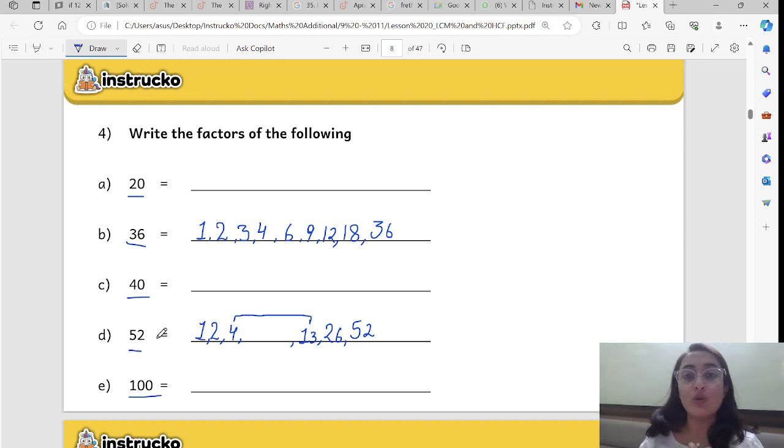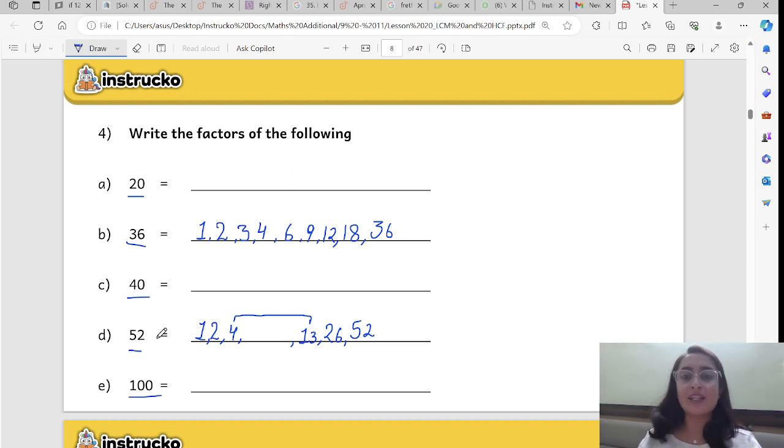All of you know the table of 6. Now look for a number in 6's table which is close to 52. So I can say that 6 times 8 is 48 and 6 times 9 is 54. So clearly it is established that 52 is not coming in 6's table, so basically I can say 6 is not a factor of 52.